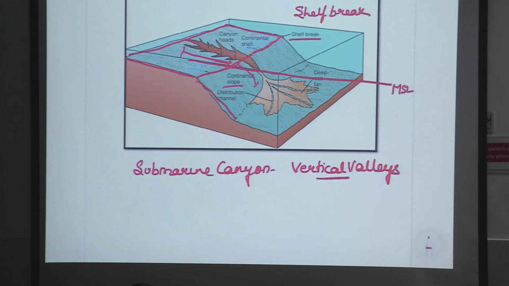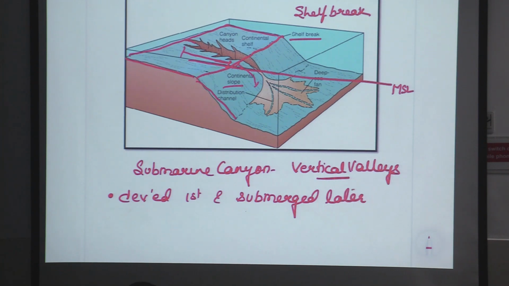And its formation actually is related to, number one, developed first and submerged later. And it is also related to turbidity currents.